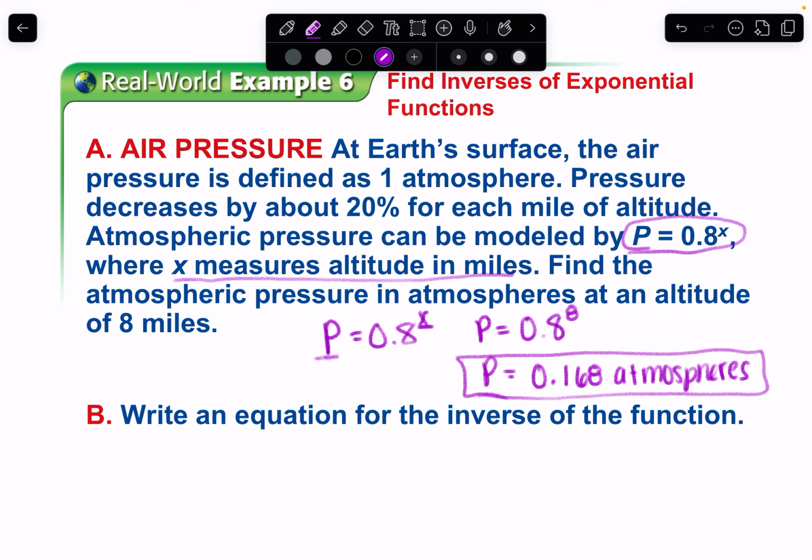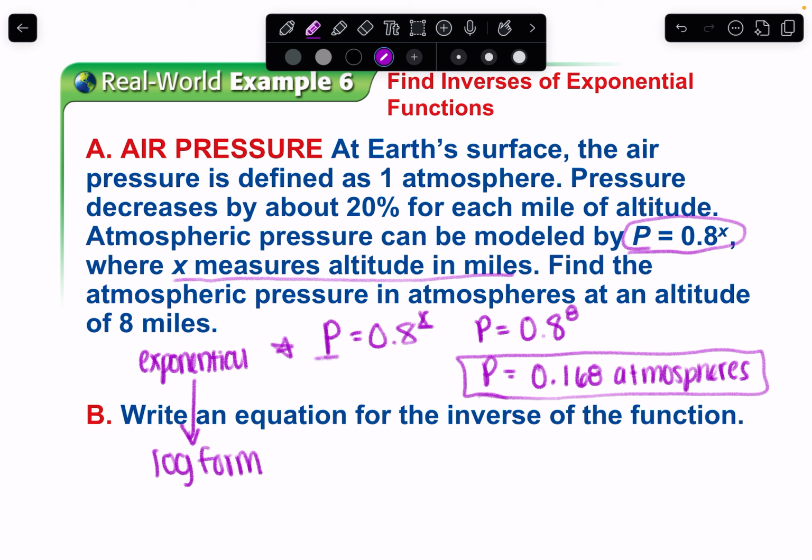Part B then tells you, write an equation for the inverse of the function. Looking at this equation up here, this equation is in exponential form. The inverse of exponential form would be log form. That was looking back to example 2 where it was in exponential form and you changed it to log form.